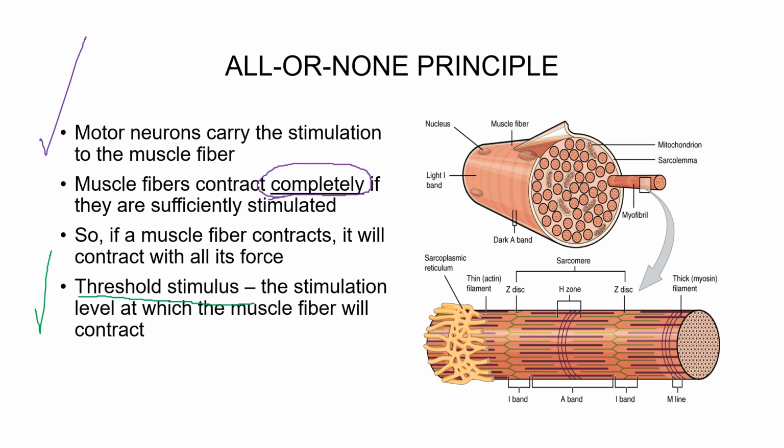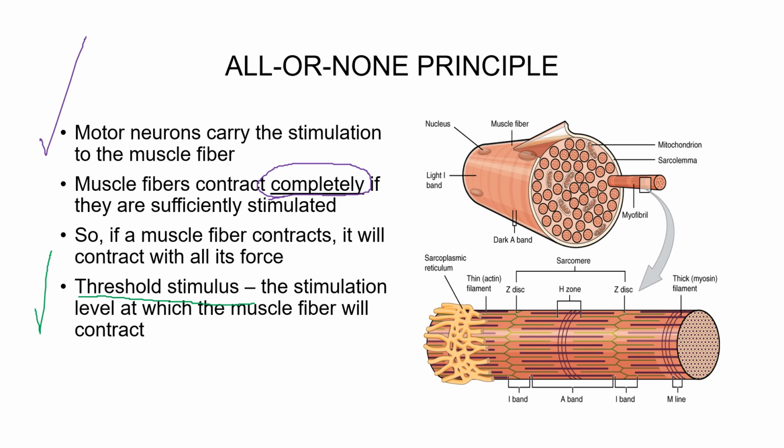But how many muscle cells does it really take to pick up a pencil? I don't know the answer, but probably not a lot, right? Let's say 5. I don't know. A pencil doesn't weigh much, and my fingers and my arm, my biceps can move it around pretty easily. So even though I'm only stimulating 5 muscle cells, those 5 muscle cells are working as hard as they can.